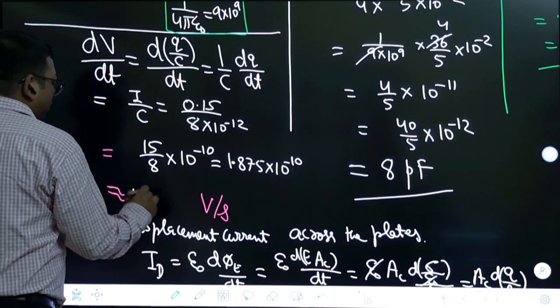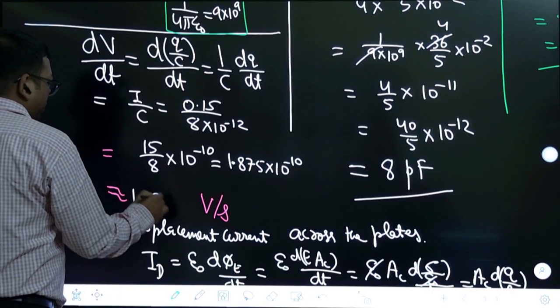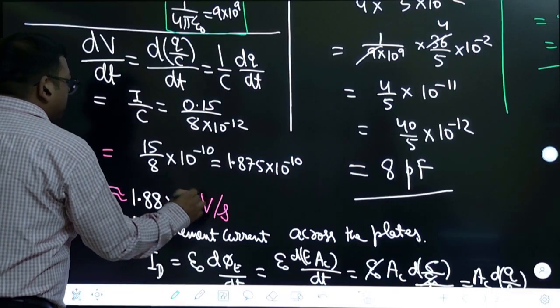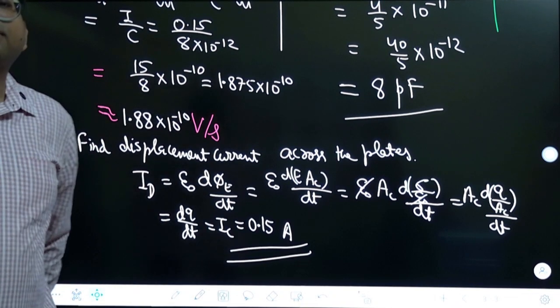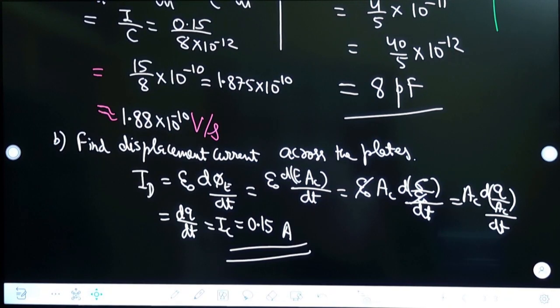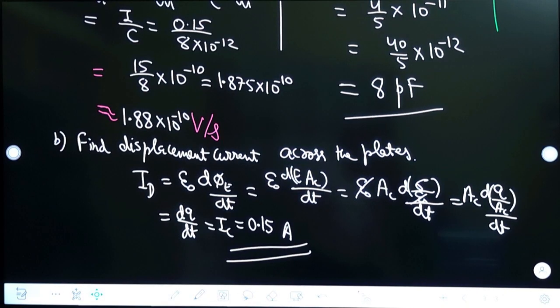So nearly 1.875, if I round off to 1.88, right? Into 10 to the power minus 10. Okay? This is correct. Check the answer key. Anyone can check and tell the answer key.